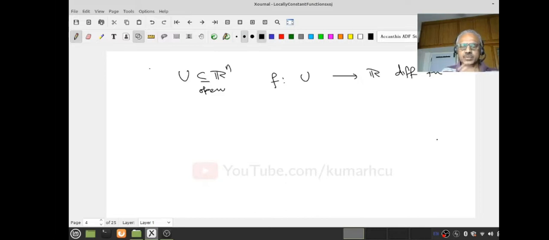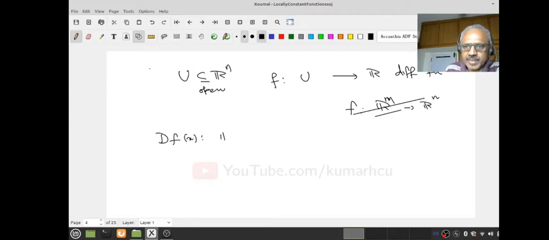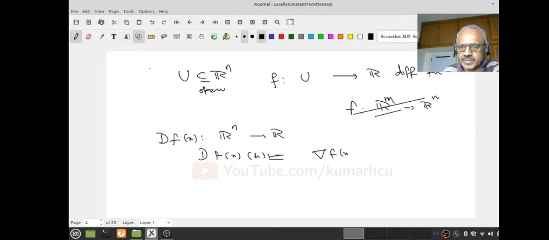I can do it from R^m to R^n, vector valued functions of vector variables, but for simplicity let me stick to that, because then all of you know that if f is differentiable, then the derivative of f at x will be a linear map from R^n to R, and it is given by the gradient of f at x, dot product with h.